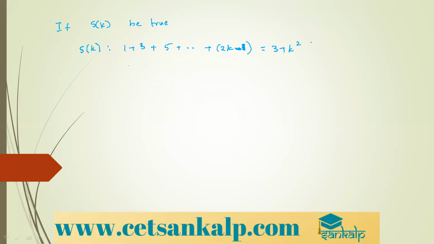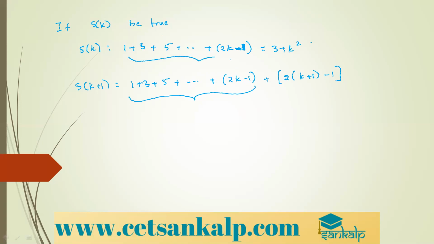So, if I take S of k plus 1, I will have 1 plus 3 plus 5 up to 2k minus 1. Then after that, the next term will be 2 into, I will write, k plus 1 minus 1. All these from the top, I can write as 3 plus k square. And then here I have 2k plus 1.